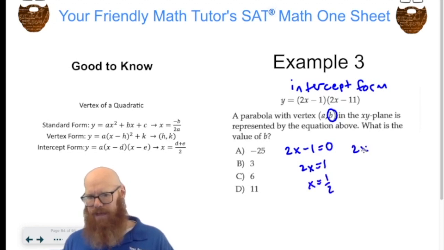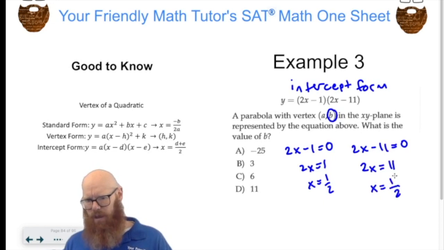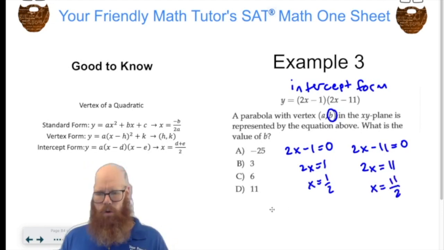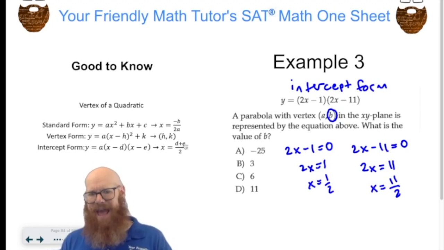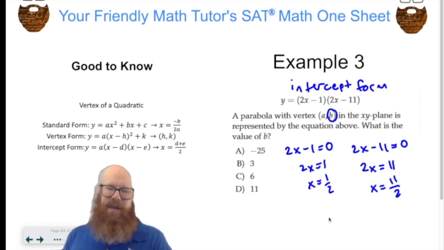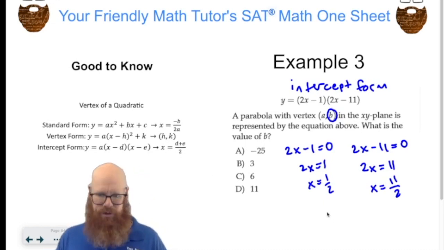And if you set 2x minus 11 equal to 0, you will get 2x equals 11 and x equals 11 halves. So the best way to find the x coordinate of the vertex is to add up the intercepts and divide by 2. So you're essentially finding the average of the x-intercepts.